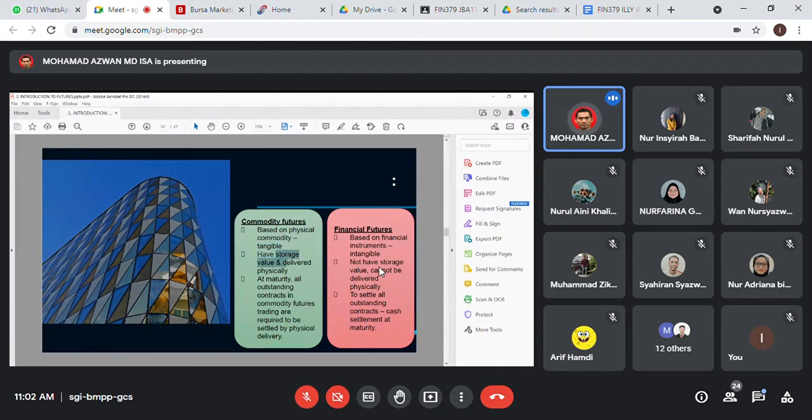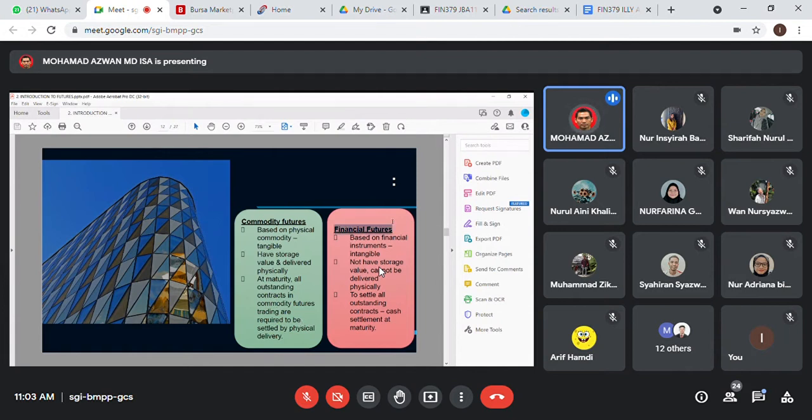And it have the storage value lah. Maksudnya kalau you trade the commodity futures, you will have to keep it, because it has to be stored. Okay, it have to be kept in storage.